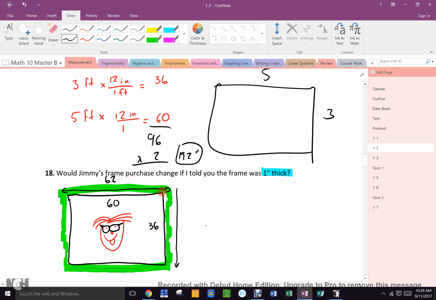So, again, there's more than one way to answer the question, isn't it? That's why I got it on here. If your frame looked like this, and I put straight across the top and straight across the bottom, I'd have 62 and 62, and then 36 and 36, wouldn't I? What if it was framed like this?